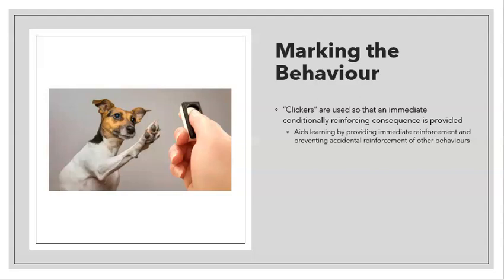So that's what clickers are good for, because you can just click really quickly when they start to sit, and they'll be like, oh, that part was good. And then you can reward them with food later. But the clicker is more of an immediate response. And that's why clicker training tends to be used, because it leads to less confusion about what behaviors are being reinforced.